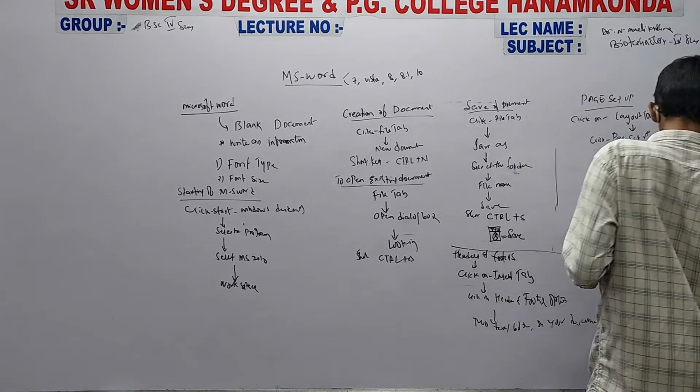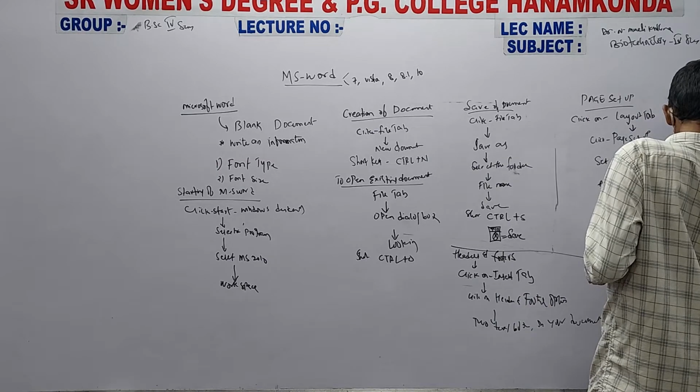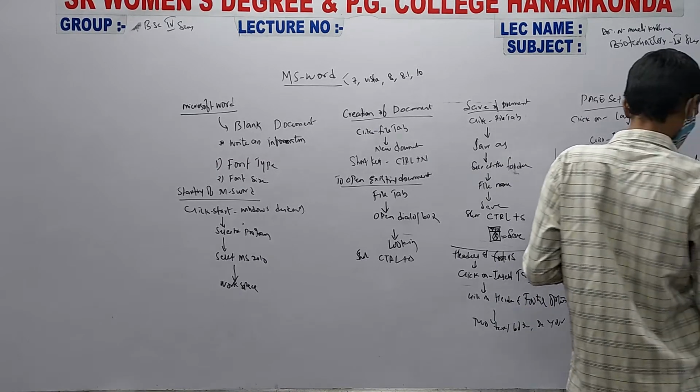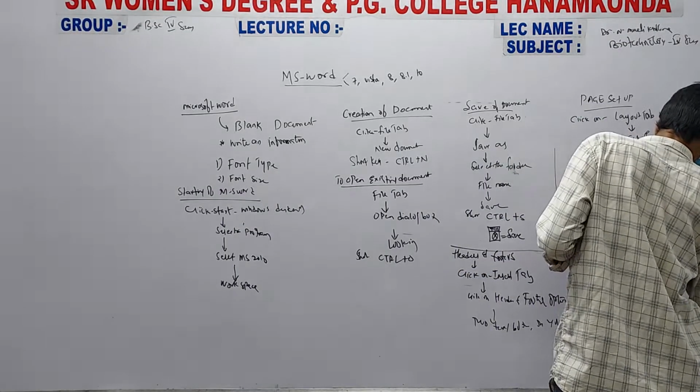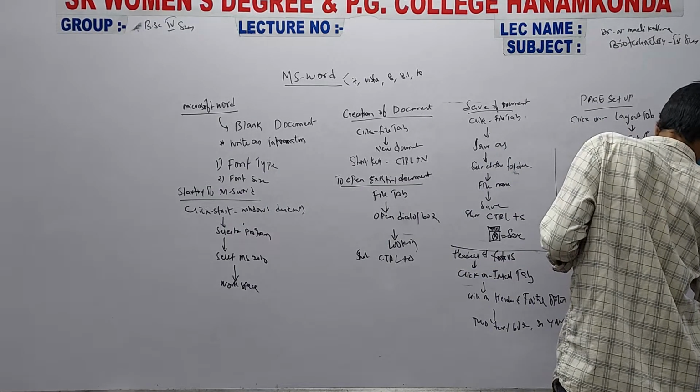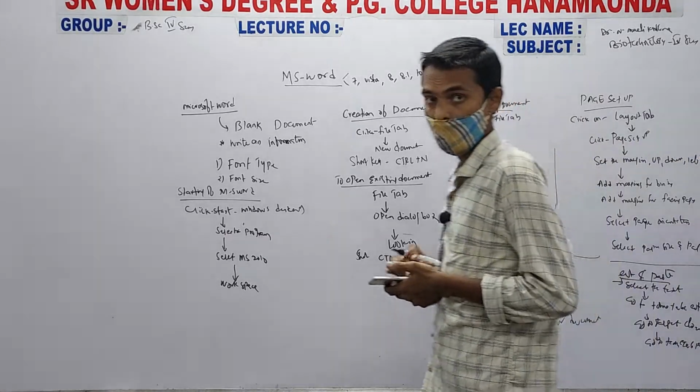Control X is used for cutting the text, and Control V is for pasting the text.